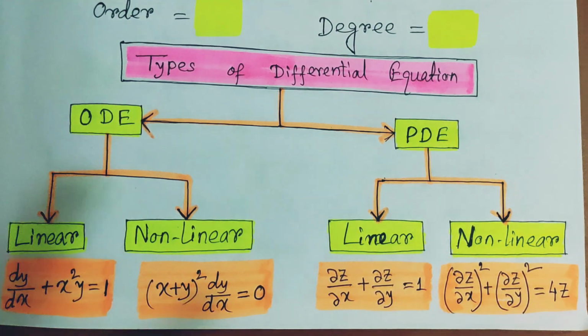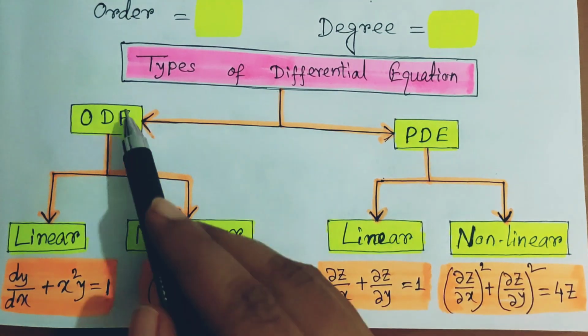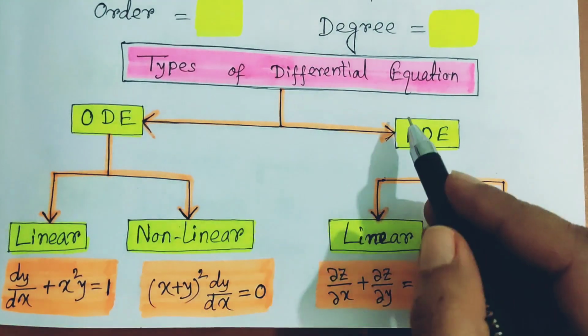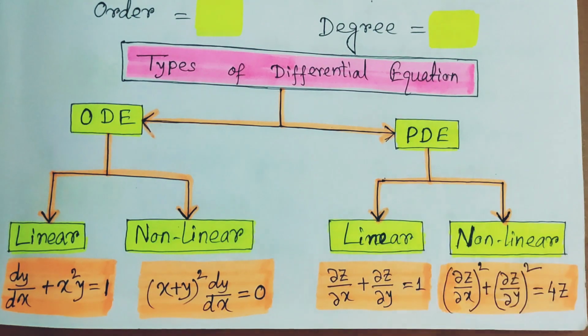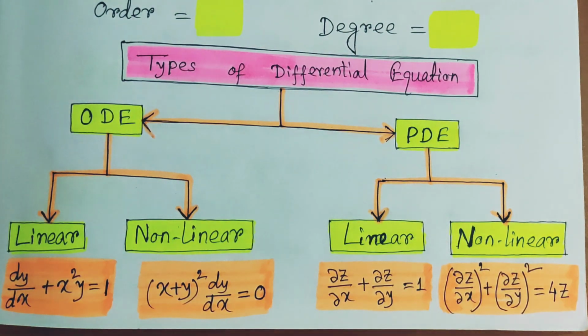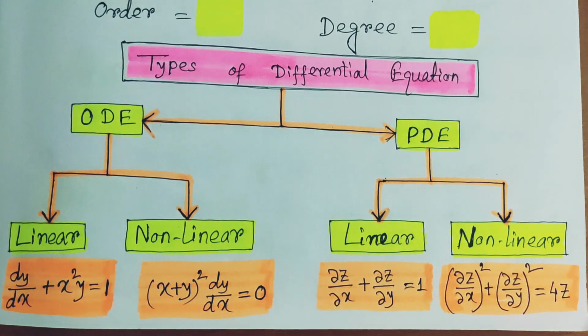Actually two types are there: the ordinary differential equation and the partial differential equation. You will find an ordinary differential equation when only one independent variable is there, and a partial differential equation when you have more than one independent variable.